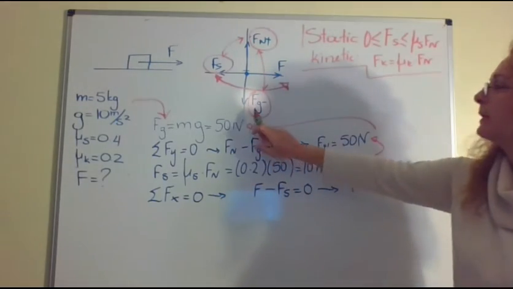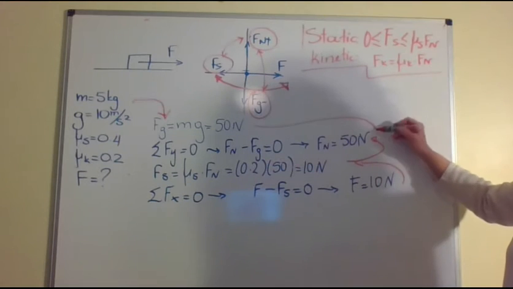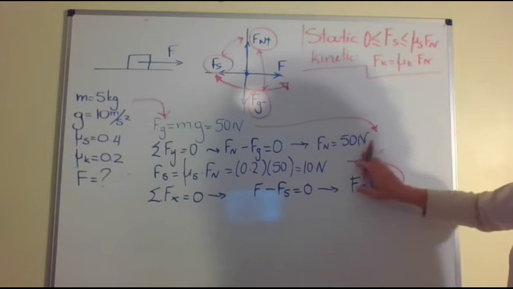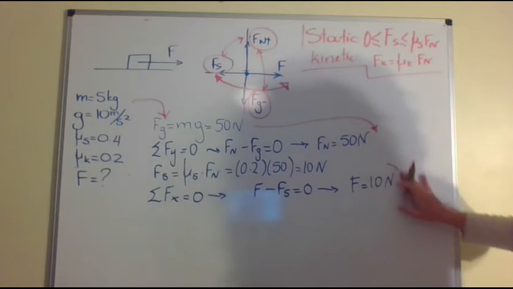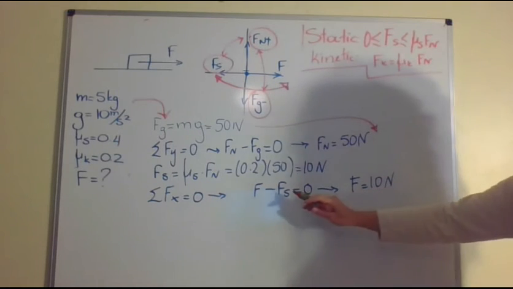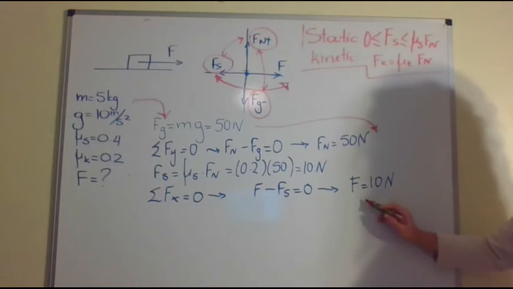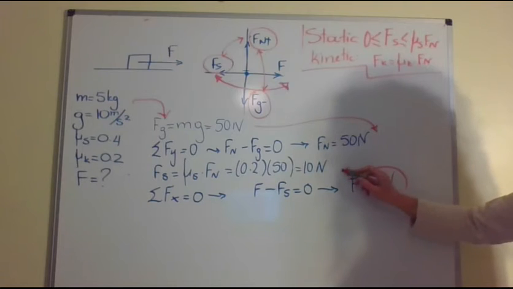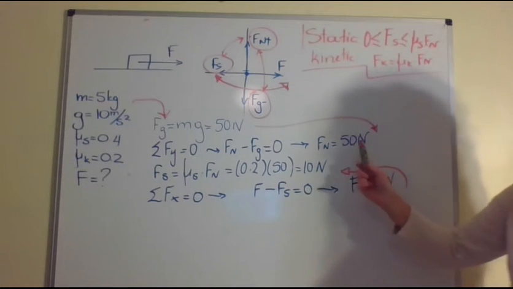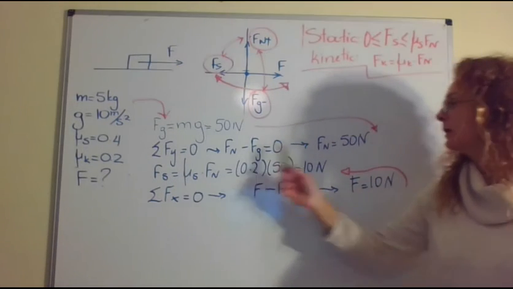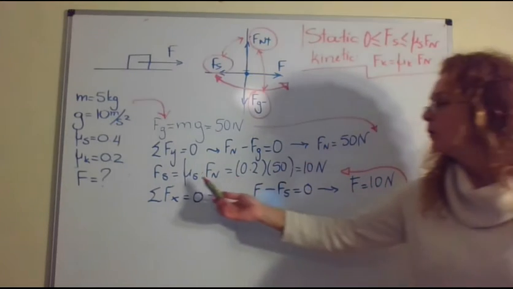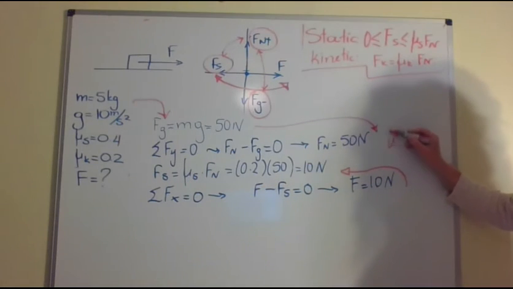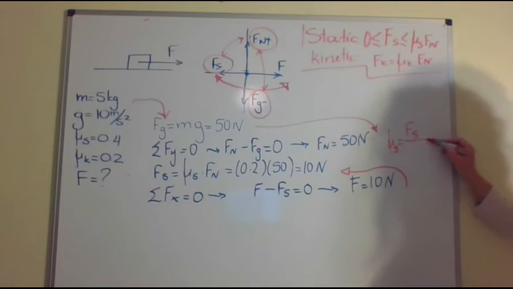From the force due to gravity, I could find the normal force, and from the force that I have, I could find friction, and then by knowing friction and normal force, I would be able to find the coefficient, just because the coefficient of static friction is static friction over normal force.